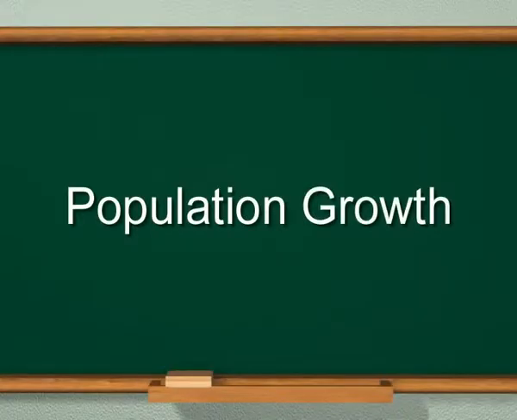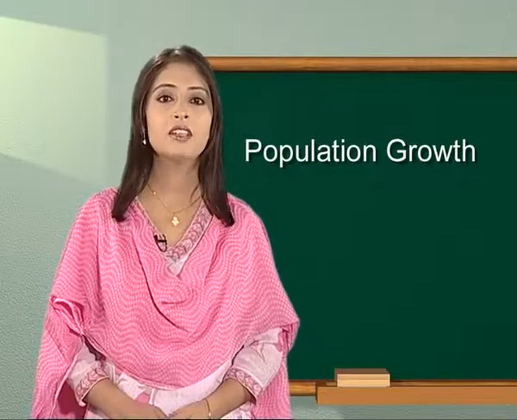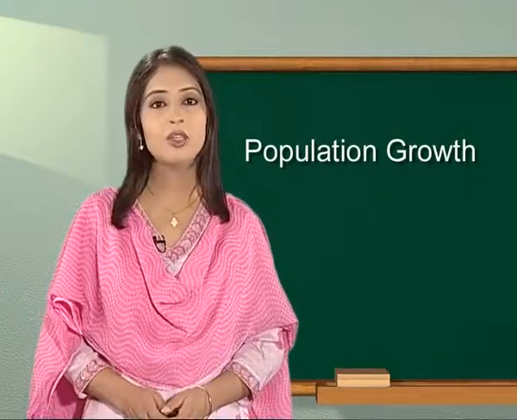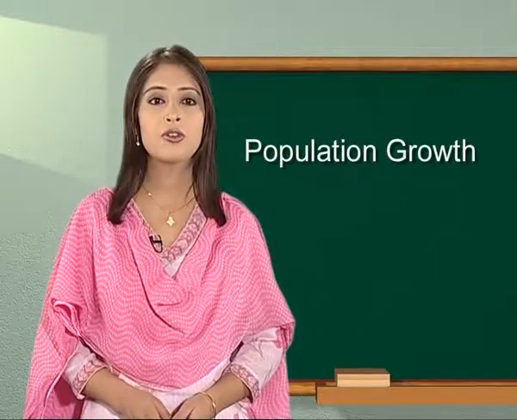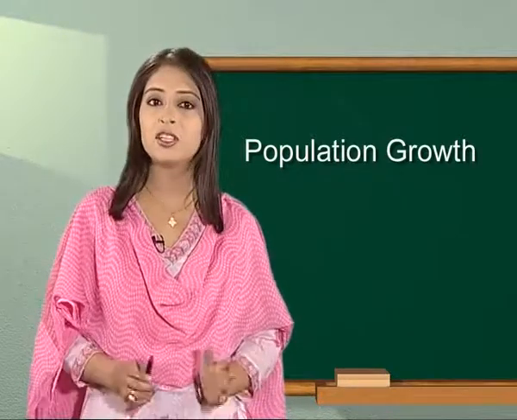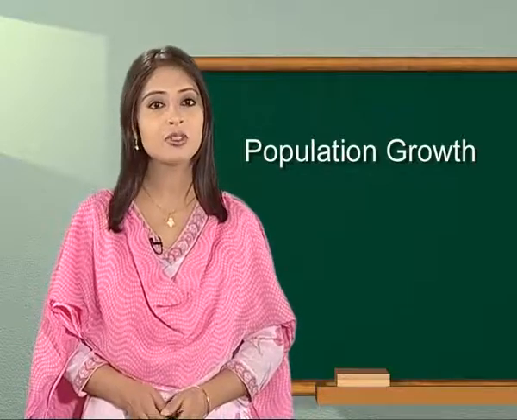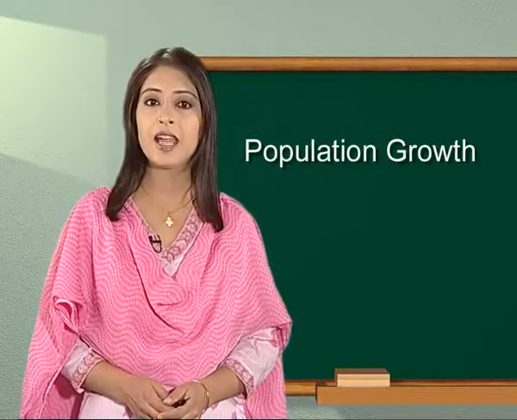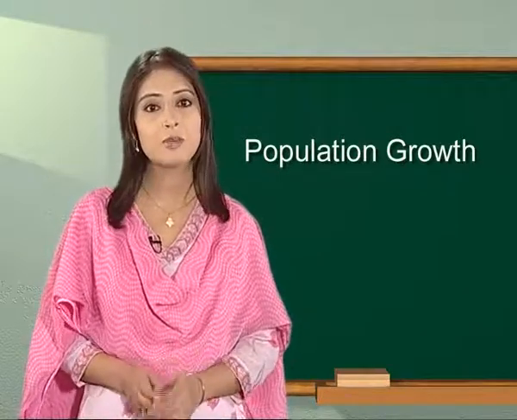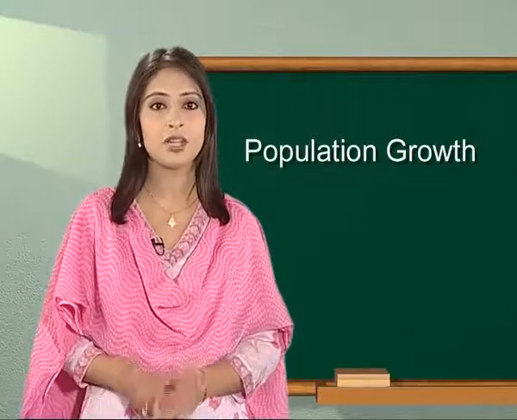Population growth. This change in population leads to a new term known as population growth. This growth is controlled by the rate at which new individuals are added to the population, meaning the birth rate, and the rate at which individuals leave the population, meaning the death rate.